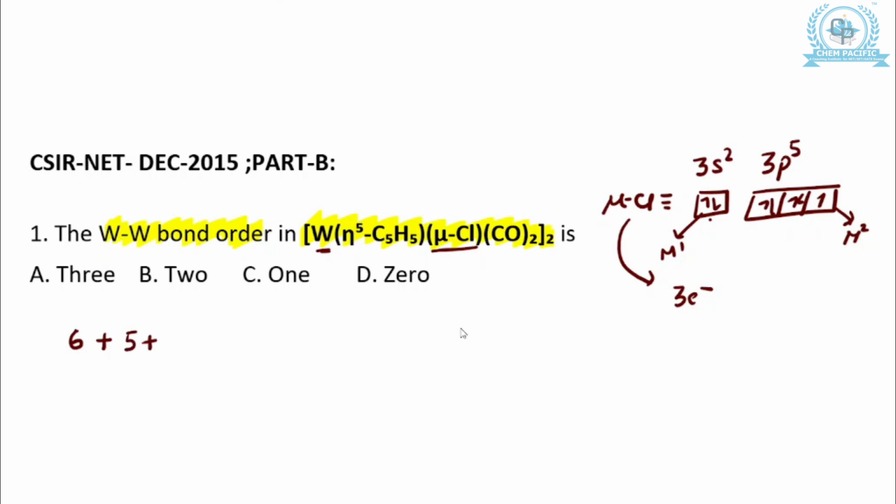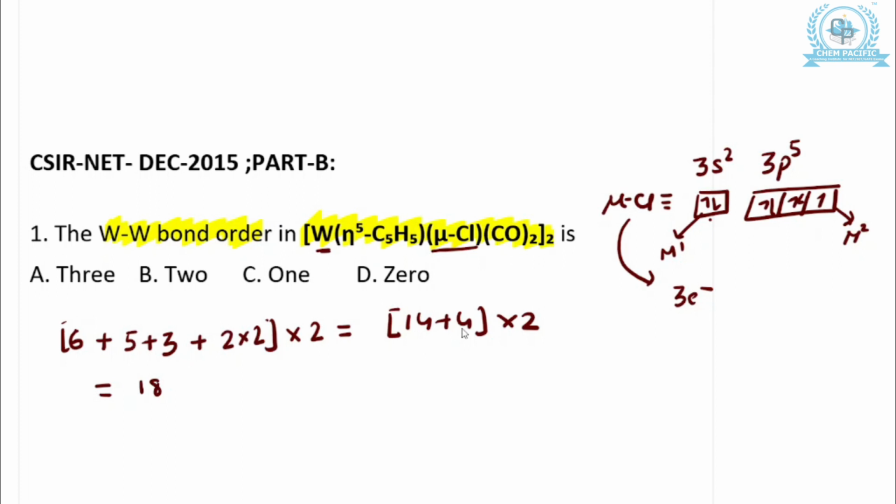The bridging Cl, mu-Cl, is a 3-electron donor, as I just discussed, and we know that CO is a 2-electron donor, and you have 2 CO. Overall it will give 14 plus 4, which is 18, and since it is a dimer, you multiply by 2, so it is 36.